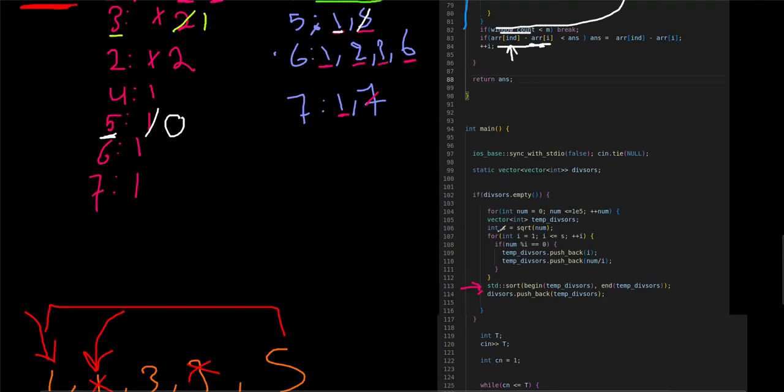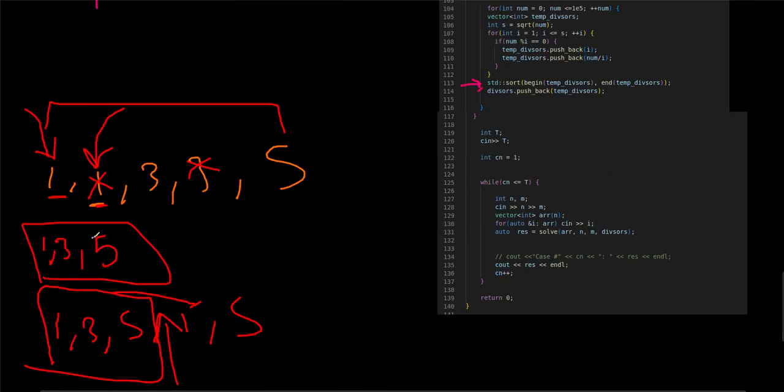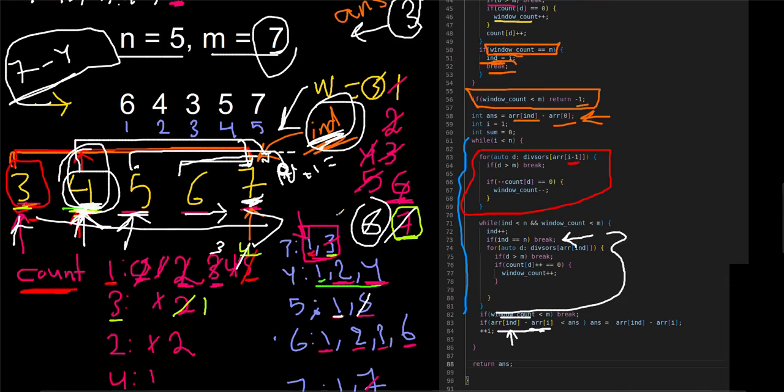So it will return this, it will iterate to the end of the unique elements. So this is our new end, the size of the unique elements array. In this case it's 3.